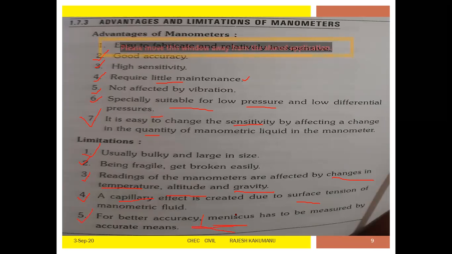What is this meniscus? For this capillary effect, in a tube we have shown it in this way, this way and this way. This is nothing but the meniscus. So these are the advantages and limitations of the manometers.